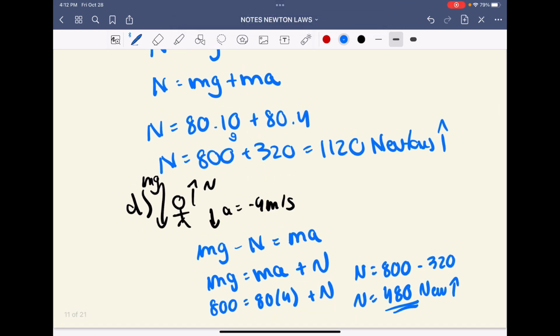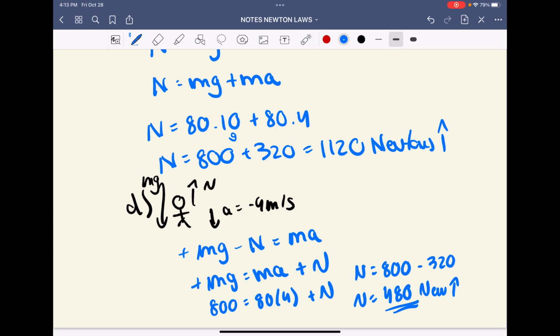For D, we have mg as a bigger force, and then we have N, and then we have a. So we can choose mg to be in the positive direction and N to be in the negative direction. It really doesn't matter. Equals ma. So I chose mg and ma to be in the positive direction, while N in the negative. So here we have mg minus N equals ma, and then N equals mg minus ma, so 800 minus 80 times 4.